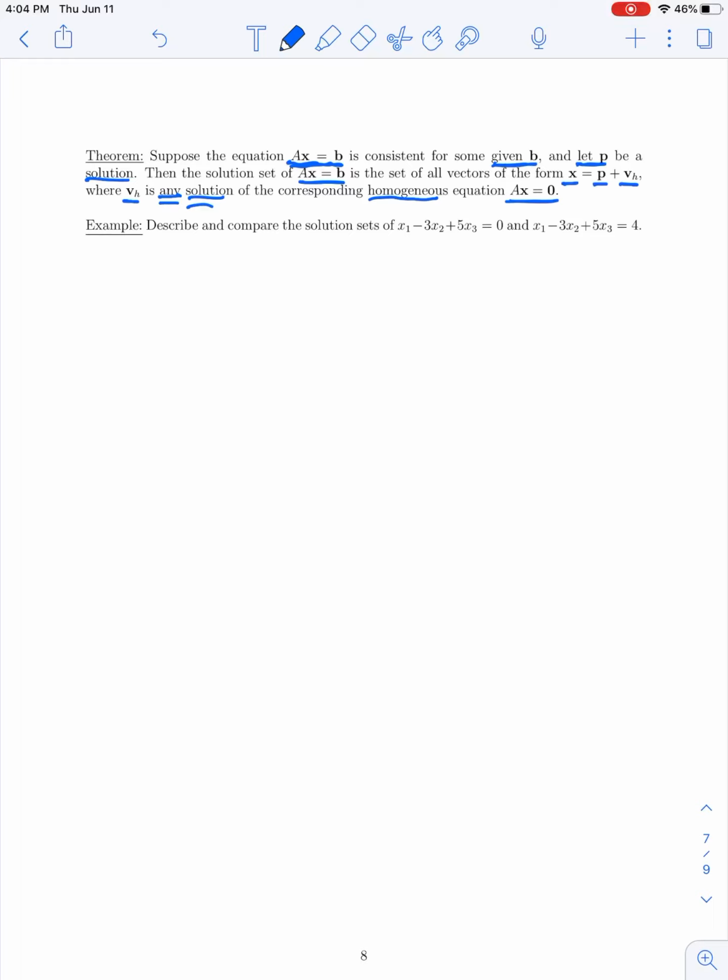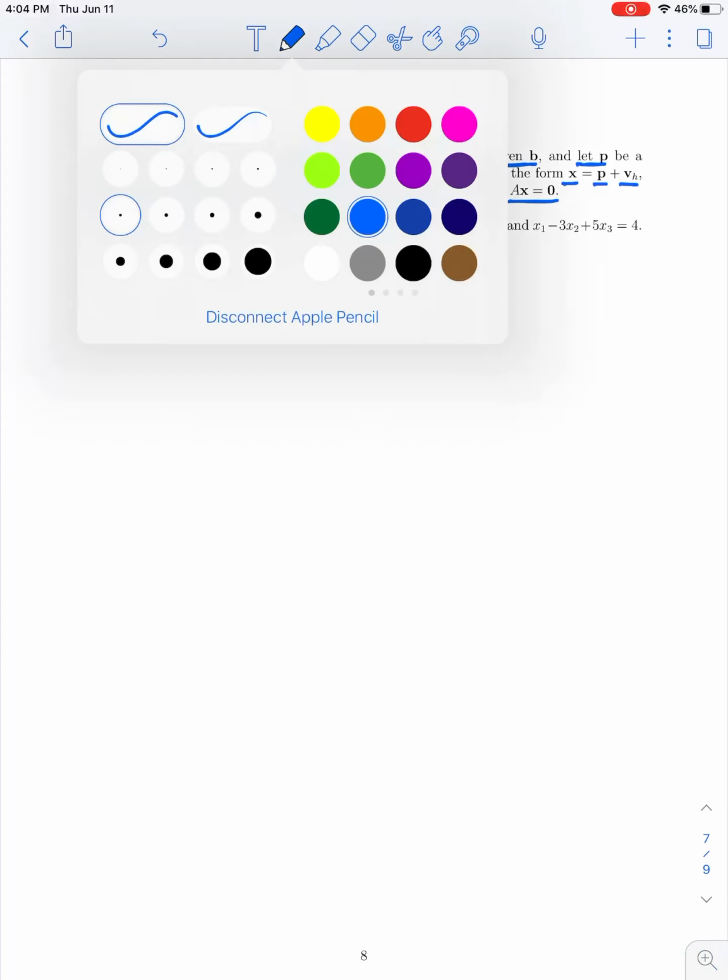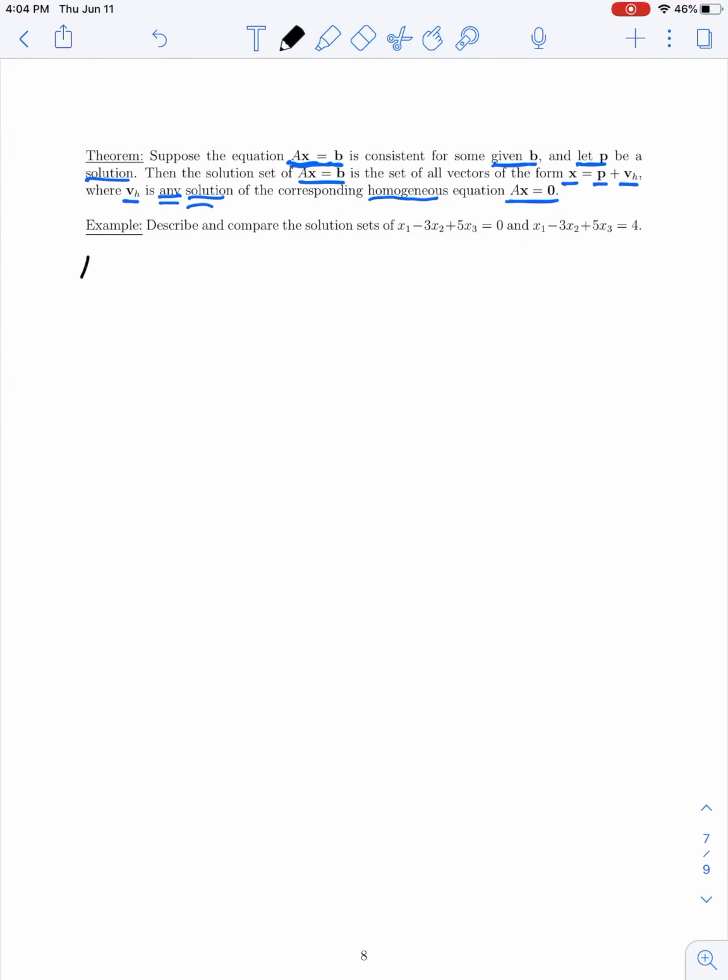So let's look at our last example here, where we are told to describe and compare the solution sets of the following two equations. In our first equation, we have the single linear equation x1 minus 3x2 plus 5 times x3 is equal to 0. So it is a single equation involving three variables.